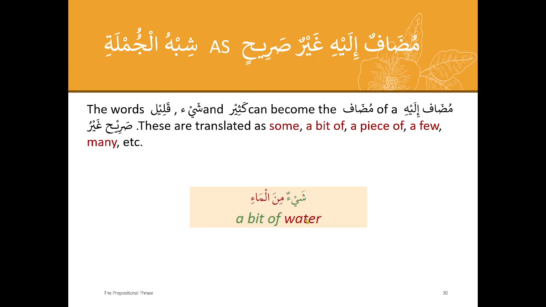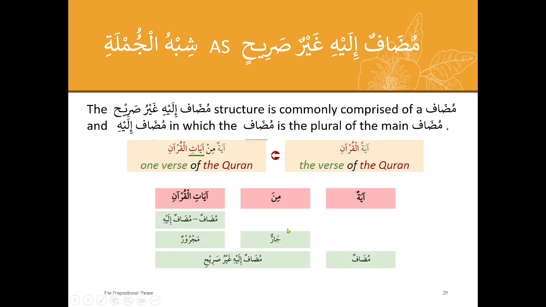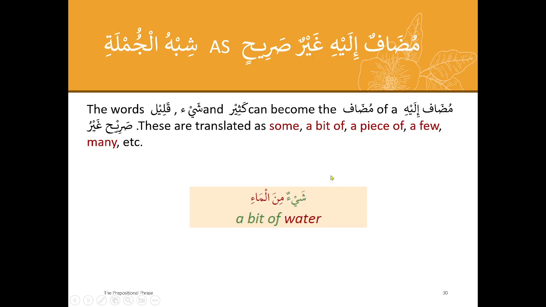So shay'un minal ma, a bit of water, for example, and it belongs to a bigger Jawa Majrur like we saw here. So something like this can belong to a bigger Shibh Jumlah, and then the whole thing becomes Mudhaf Ilayh Ghayr Sarih.